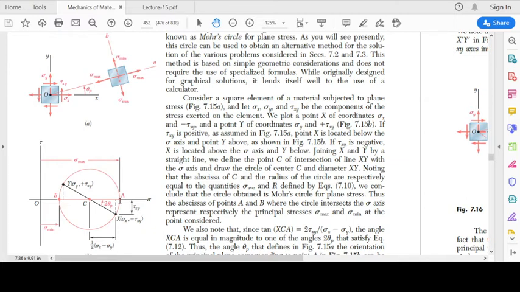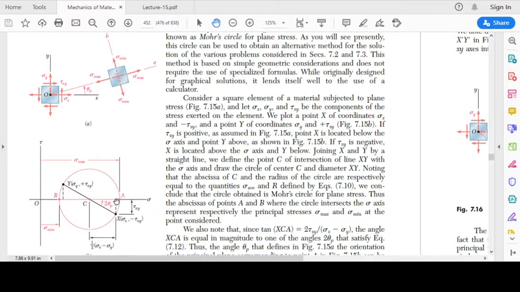The angle between this principal plane and the vertical plane is going to be twice the angle theta p, because the equations that we developed were in terms of 2 theta, so we have 2 theta on this Mohr circle.